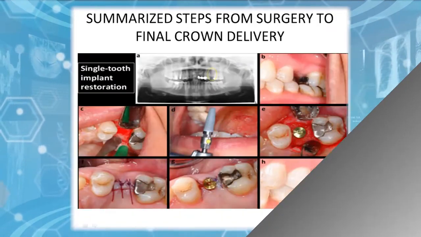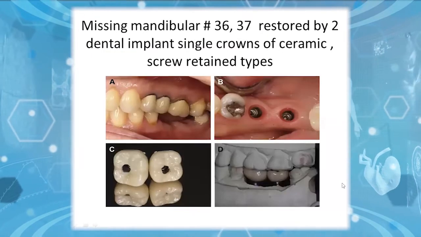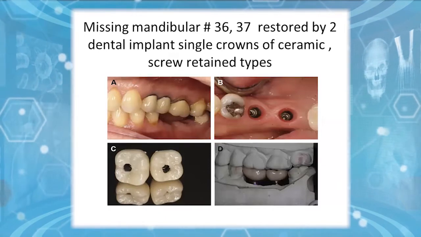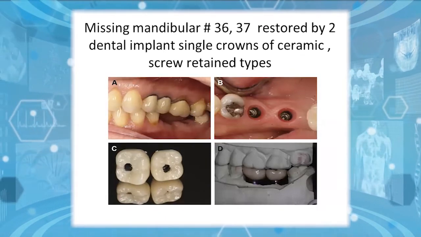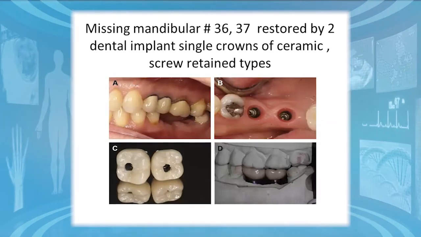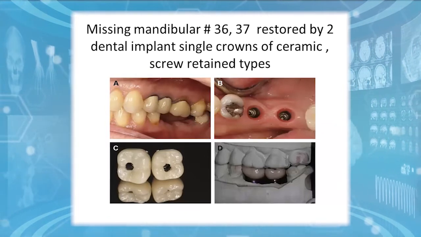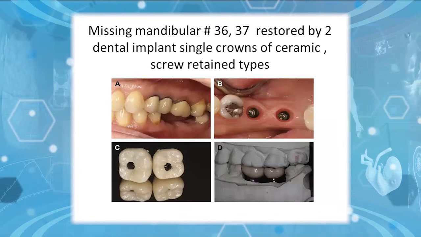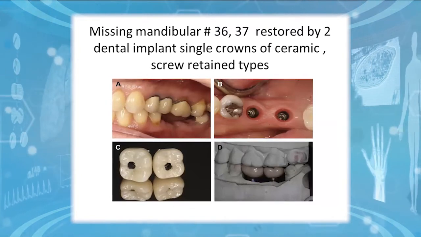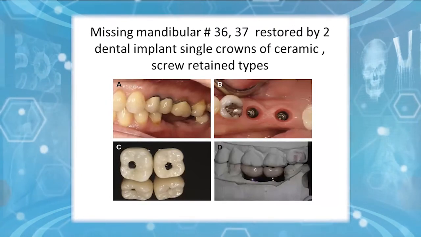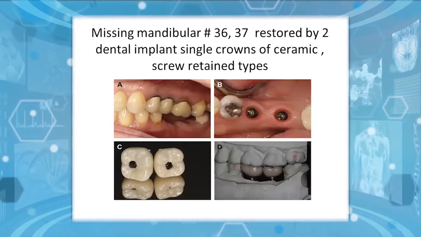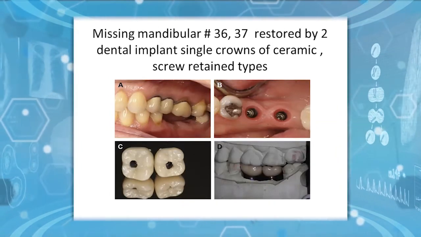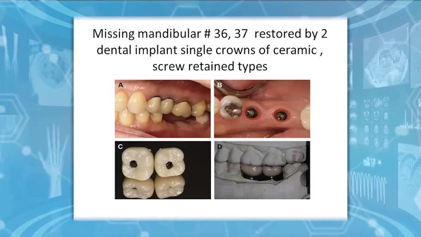Missing mandibular left first and second molars restored by dental implants, single ceramic crowns. We have used the screw-retained type. You can see in image number 1, the patient is missing two lower molars. In step number 2, the implants fit into the bone, osseointegrated, anatomically and histologically fused with the bone. Image C is the time to deliver the crowns.